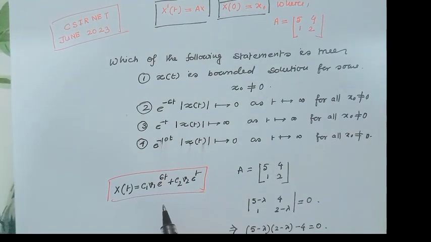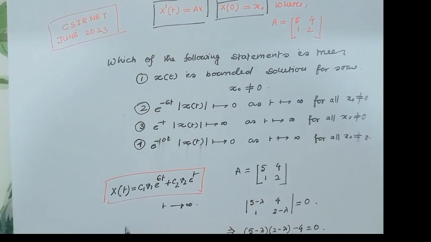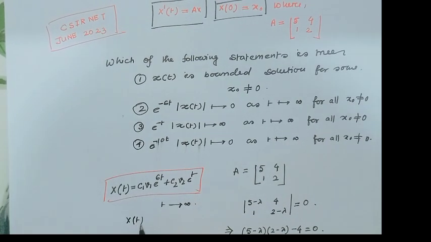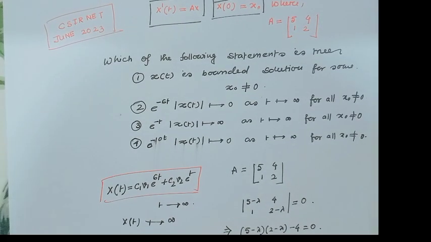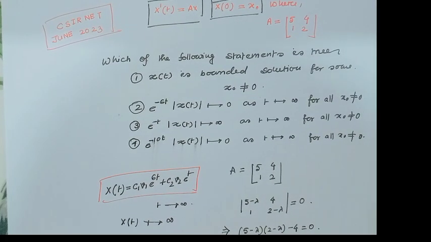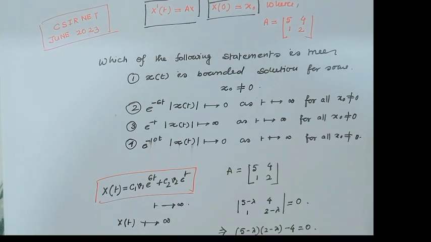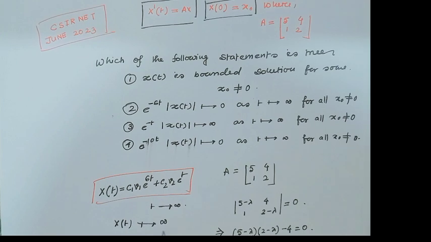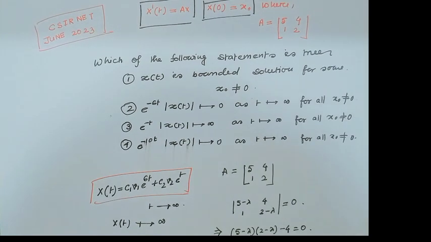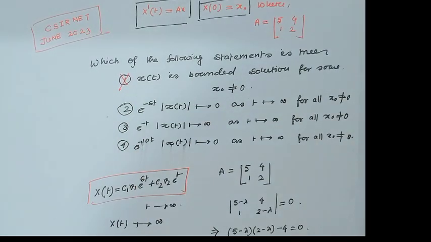As t tends to infinity, x(t) always tends to infinity. When x(t) tends to a finite value, then it would be a bounded solution. Here x(t) tends to infinity, so option 1 is the wrong option.